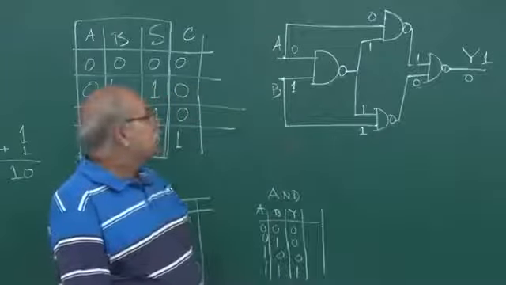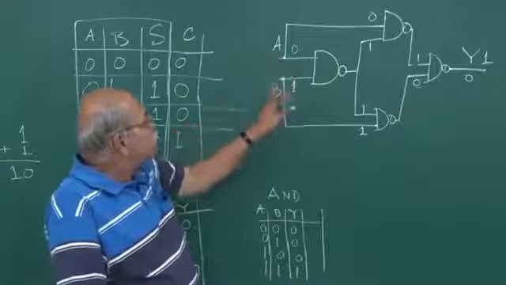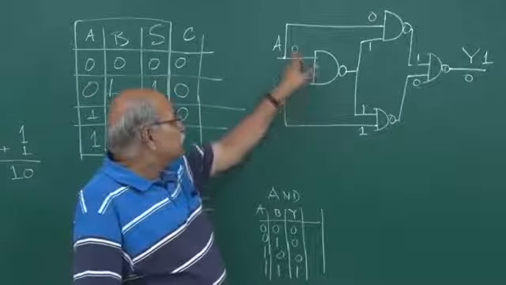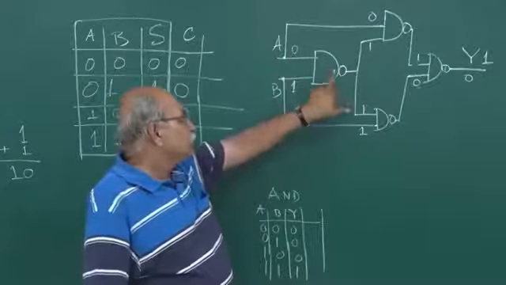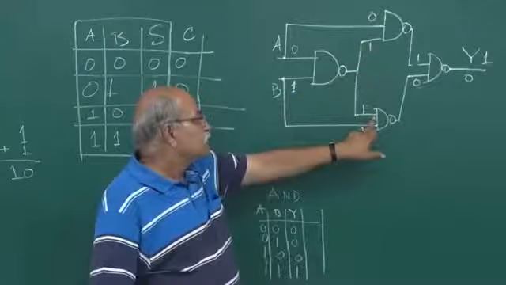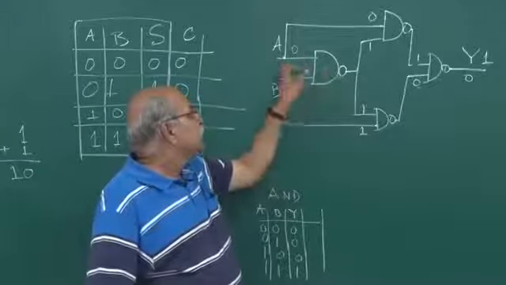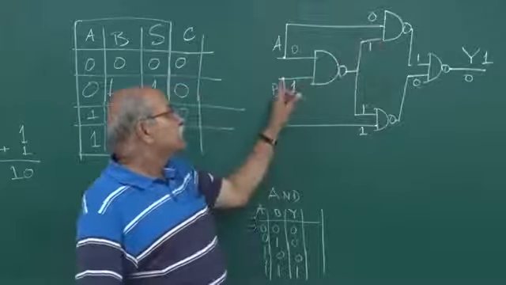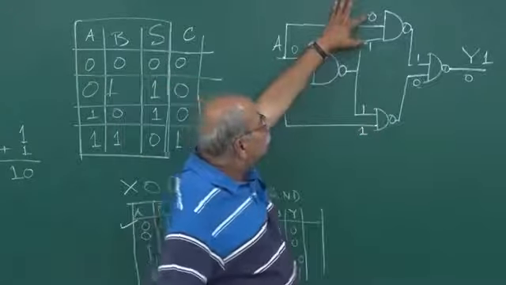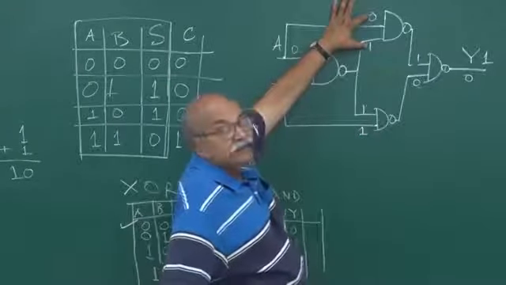Okay, let me repeat. I have given A equal to 0, B equal to 1. So 0 and 1 is 0. So here it is 0, here it is 1. That 1 goes here and that 1 goes here. Then this 0 I am putting here directly, this one I am putting directly here. Now, 0 and 1 is 0.